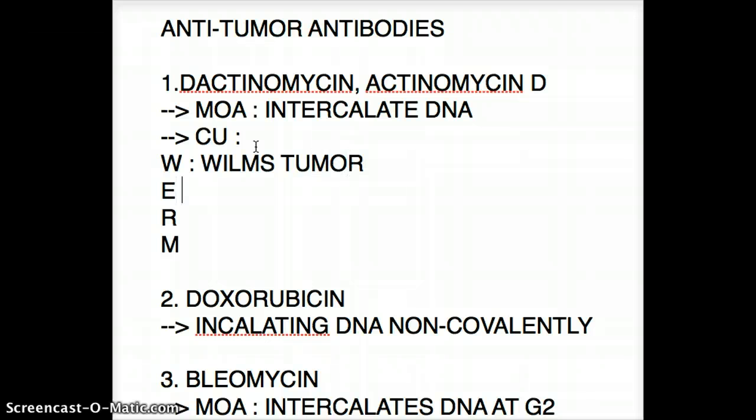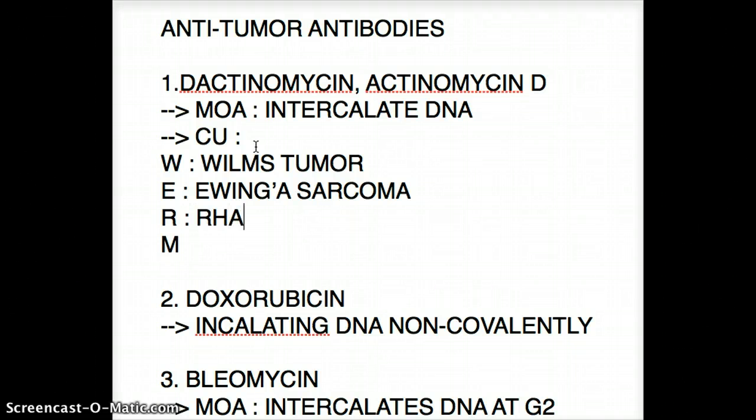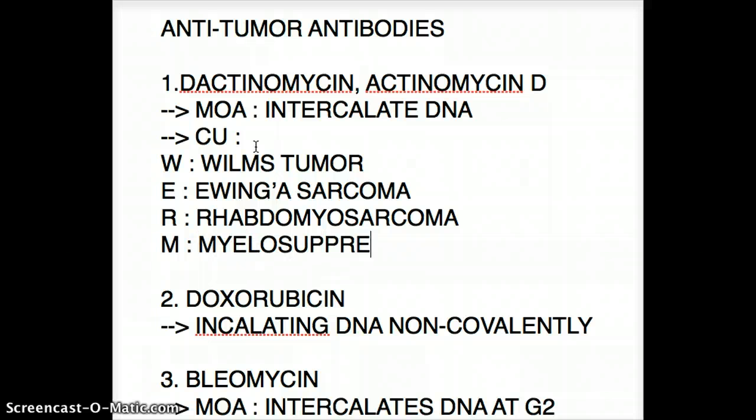E stands for Ewing sarcoma. R stands for rhabdomyosarcoma, and M stands for myelosuppression. Even though myelosuppression is really the toxicity, I liked putting it all together, since it's easier for me to remember what the M was.